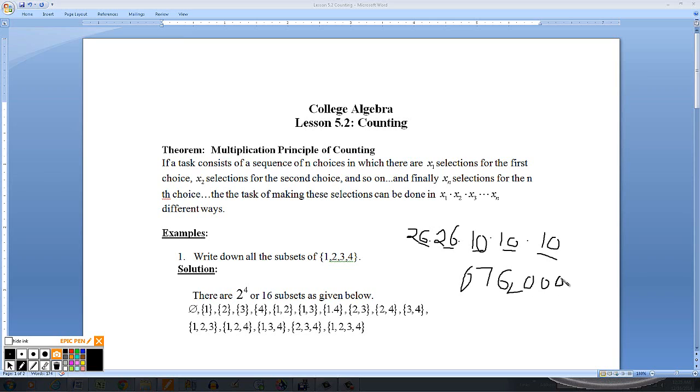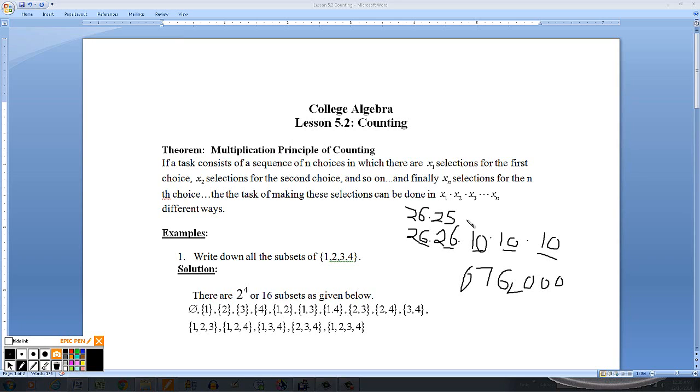Now, if they tell you how many license plates are possible if the letters and the numbers cannot be repeated, then in this case, you would set it up this way. 26 choices for the first one. And since I can't repeat letters, I can only select any of the remaining 25.